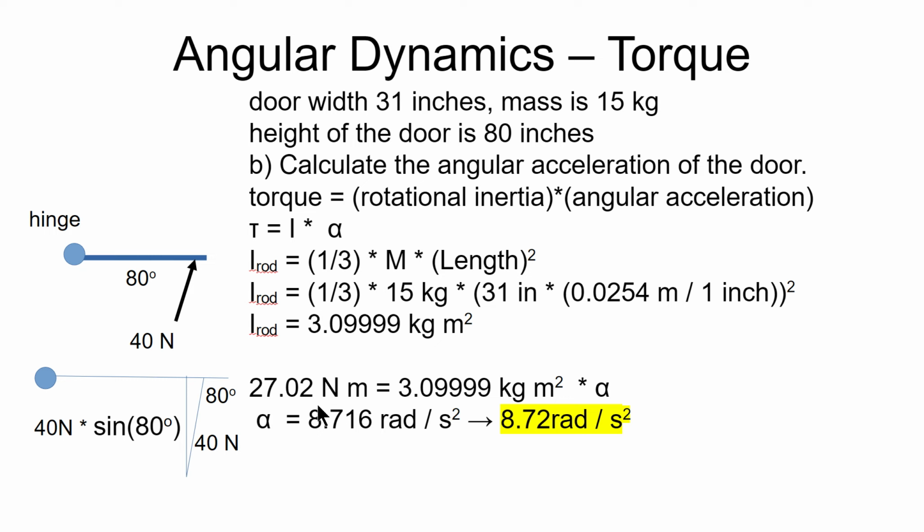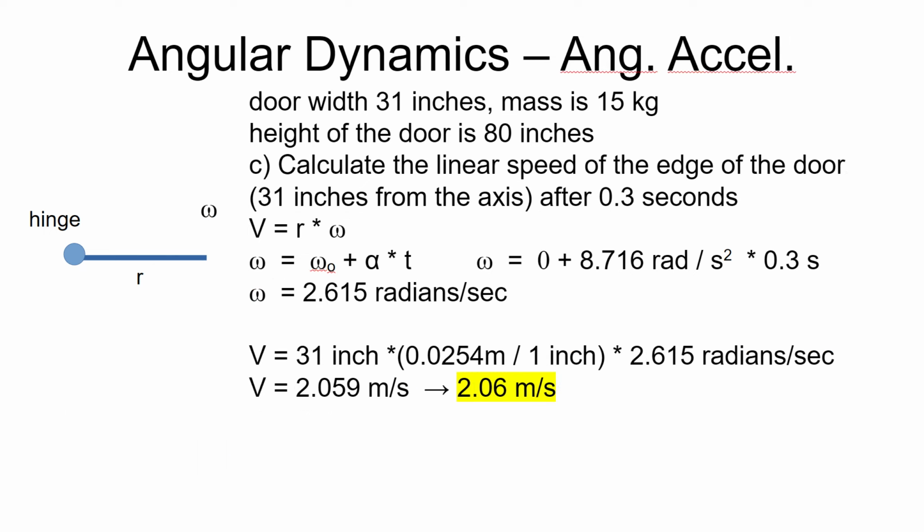From the previous slide, we came up with a torque of 27.02 newtons times meters equals I, 3.09999 kilograms meter squared, times alpha. If you divide both sides by the I number, I came up with 8.72 radians per second squared, rounding to 3 digits for my answers to questions and homework problems.